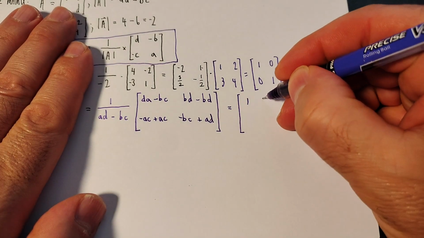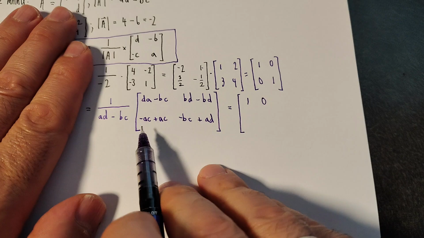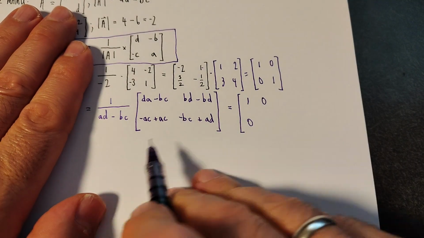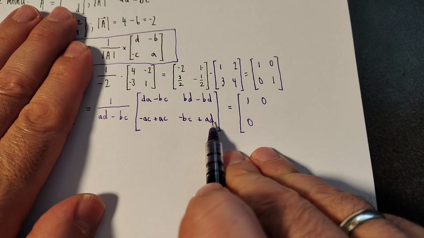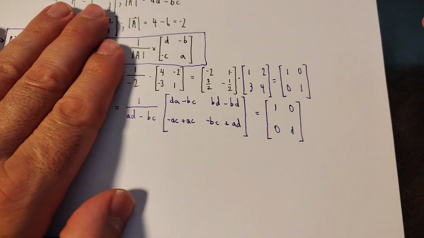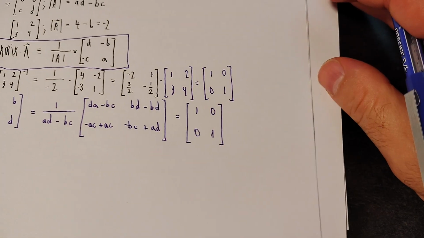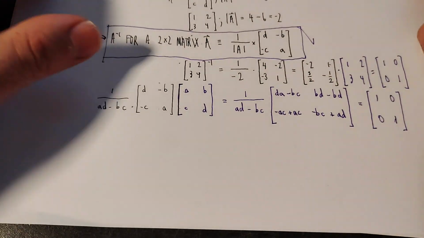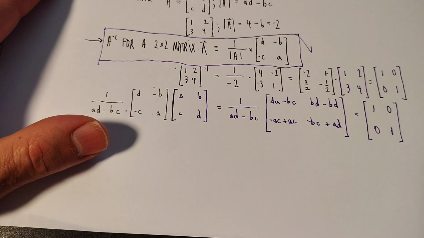So that's automatically going to be 0. And then here, negative AC plus AC is also 0. And then look, this is A times D minus B times C. So that becomes 1. And that's it in a nutshell right there. All right. So this formula works. It's a good one to have on the back of your hand, so to speak.